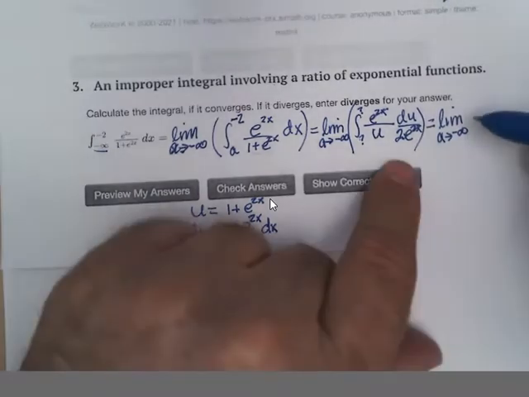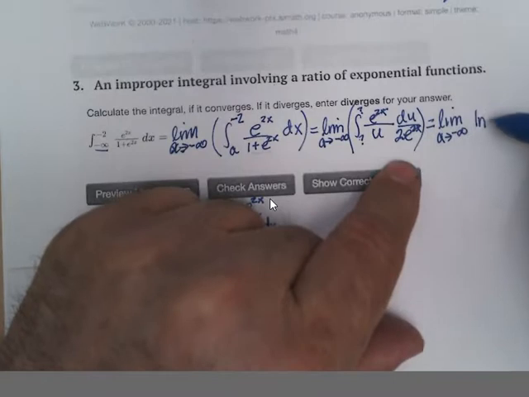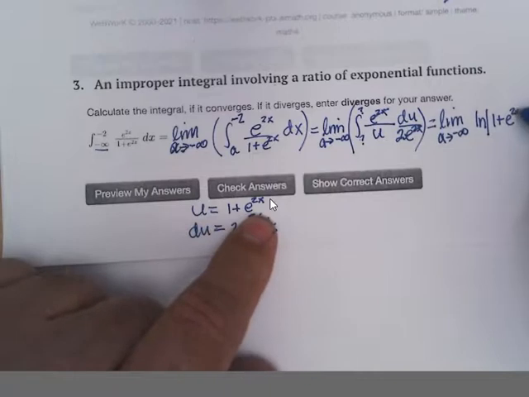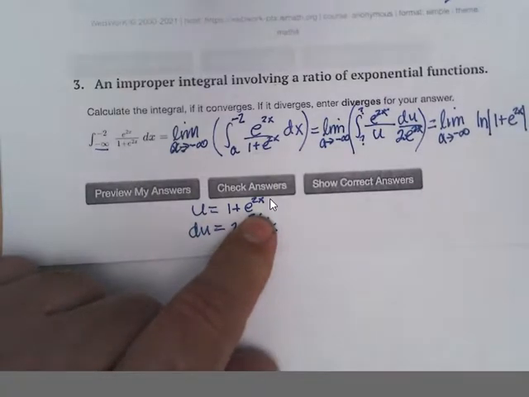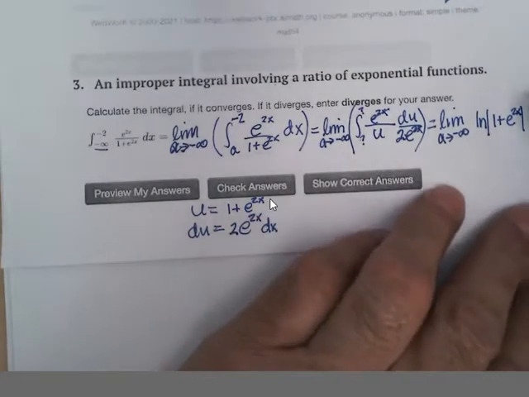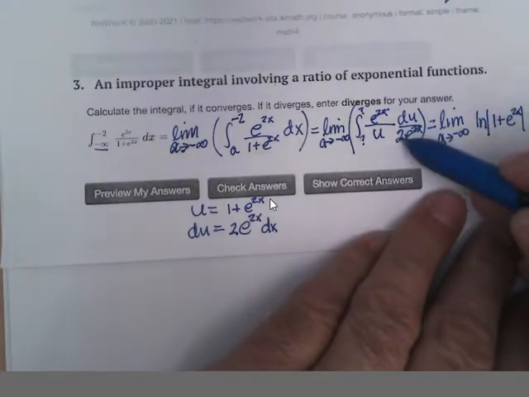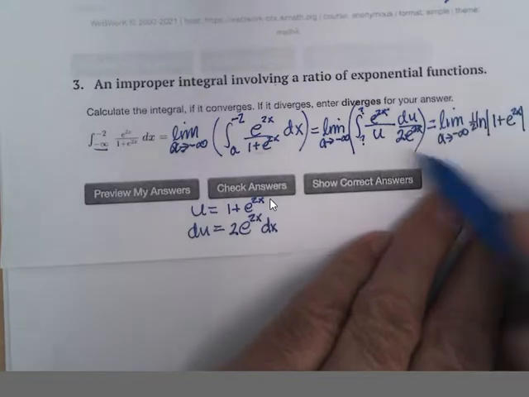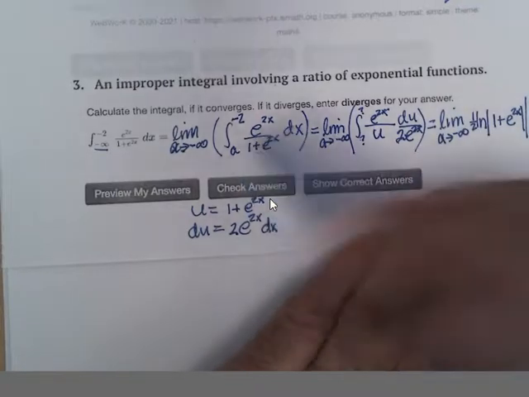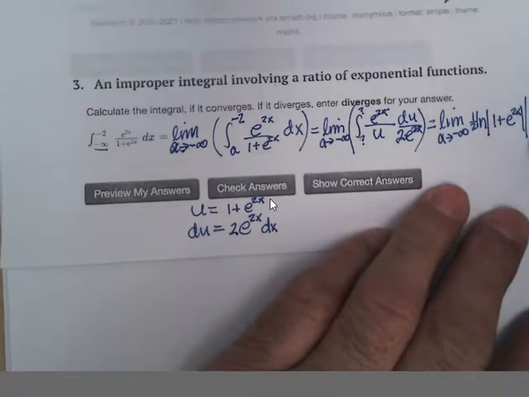So I'm going to have ln of the absolute value of u, but u is 1 plus e to the 2x, times a half because of that 2, evaluated from back to my original limits, because I'm back in x's, a to minus 2.